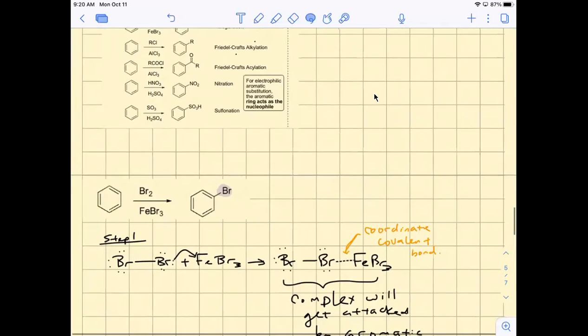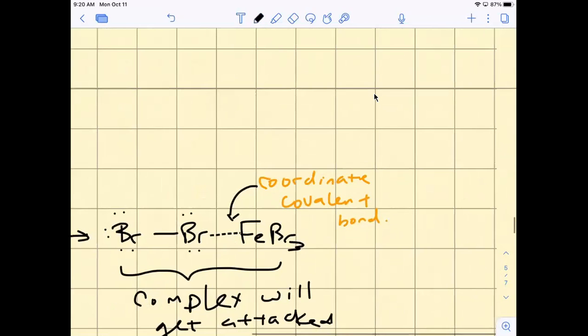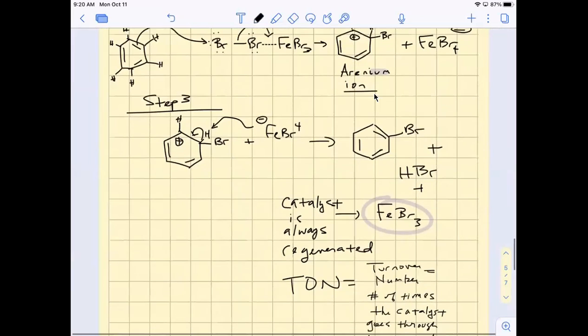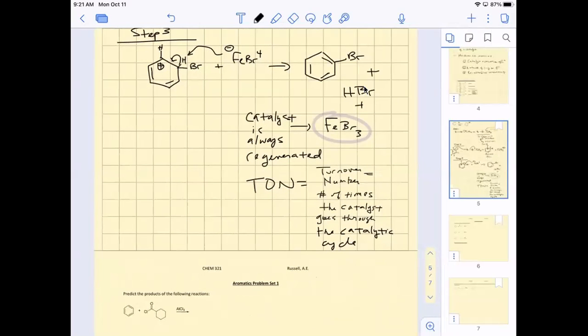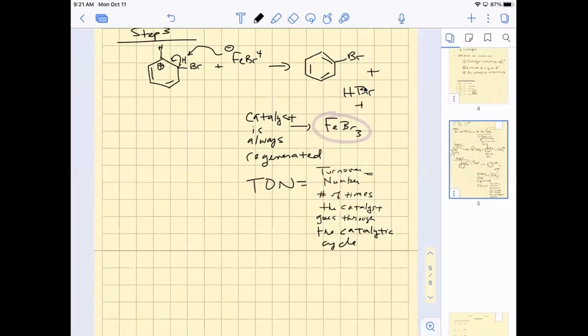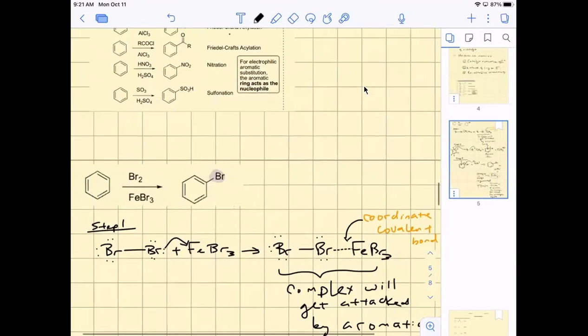All of these reactions follow a similar pathway where you activate and then you attack and then you re-aromatize. All right, let's do the alkylation. So alkylation is next. Yeah, let's do alkylation, and then we'll do another example. Give me 1 second.